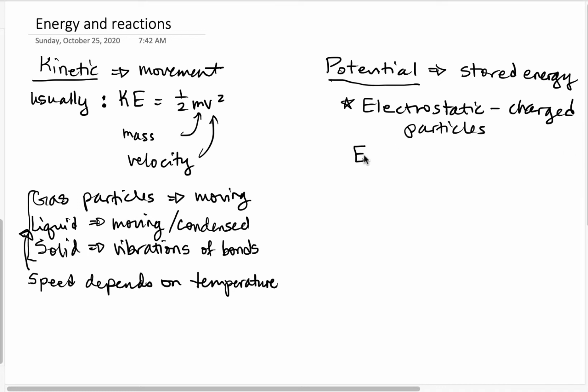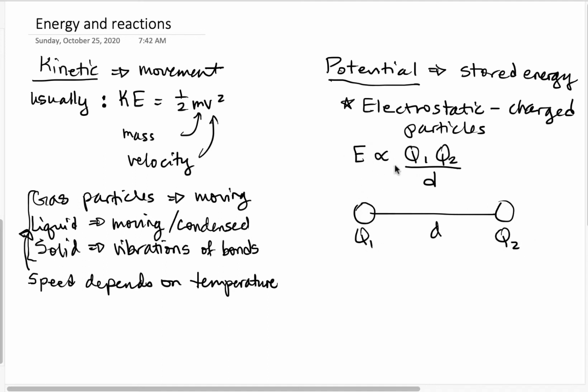The energy that's related with charged particles is governed by Coulomb's law, which says that if you have two charged particles separated by some distance d, the energy of their interaction, how strongly they are attracted or repelled, depends on how far apart they are and how big these charges are.